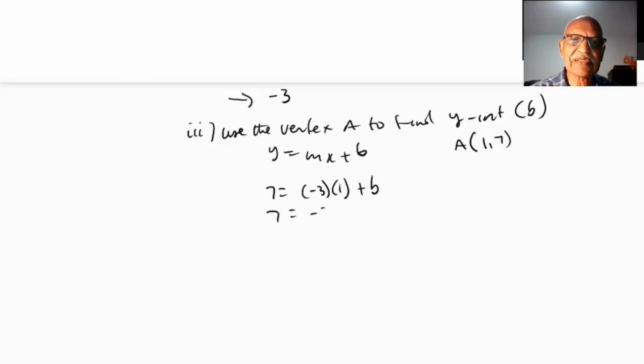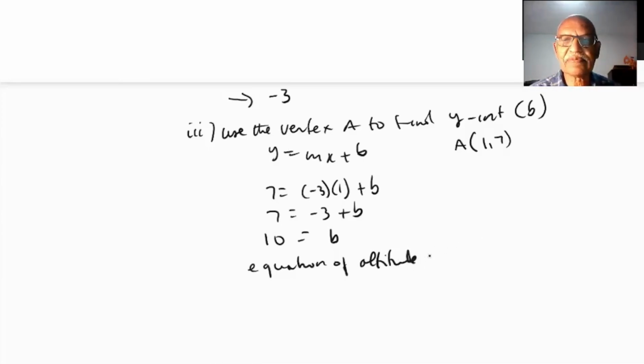So b equals -2. Therefore, the equation of altitude is y equals 9x minus 2.